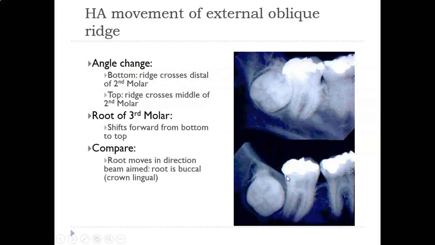Top ridge crosses middle of the second. So it goes from the bottom to the middle. Roots of the third molar shift forward from the bottom to the top. So from this bottom picture to the top picture, the roots have shifted forward. Compare: roots move in the direction the beam is aimed. Root is buccal, crown is lingual, which is what we said.